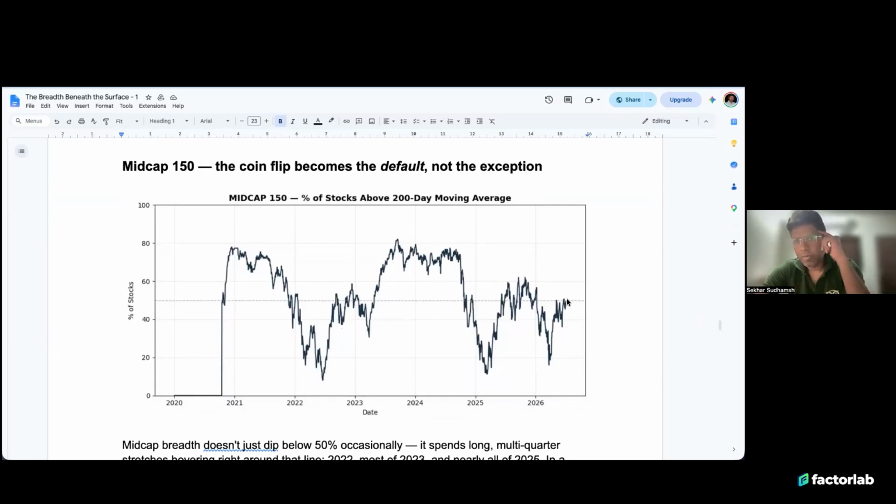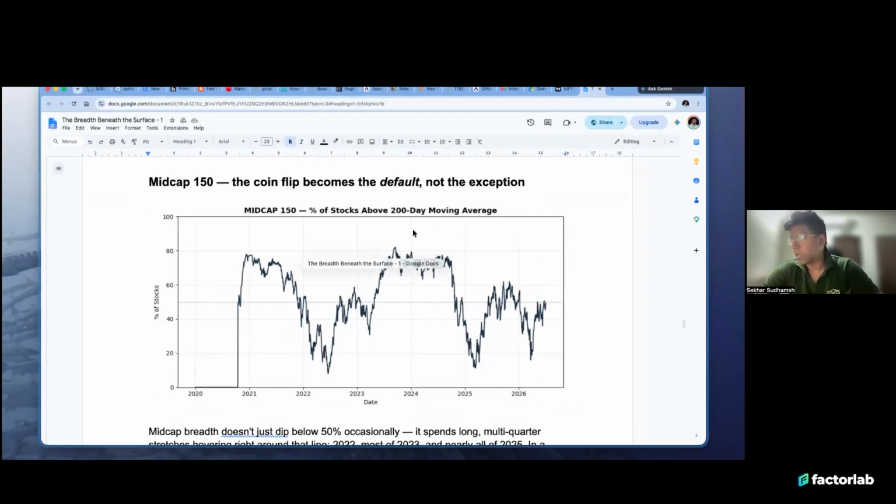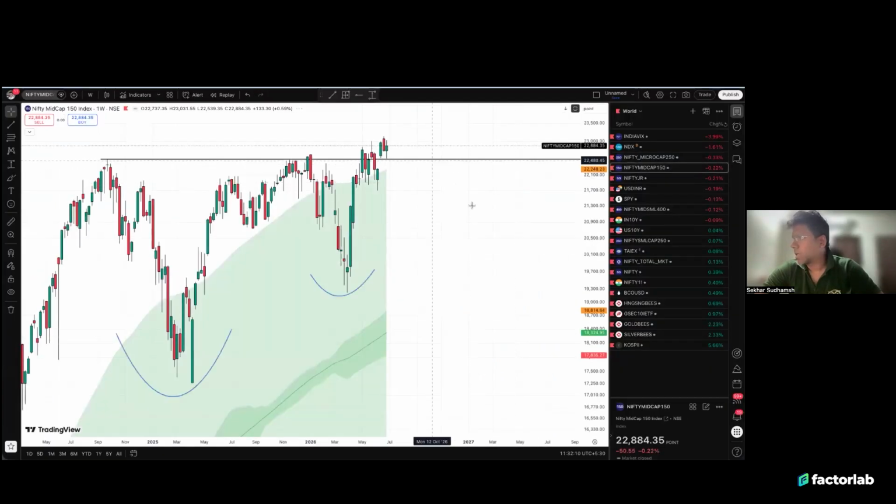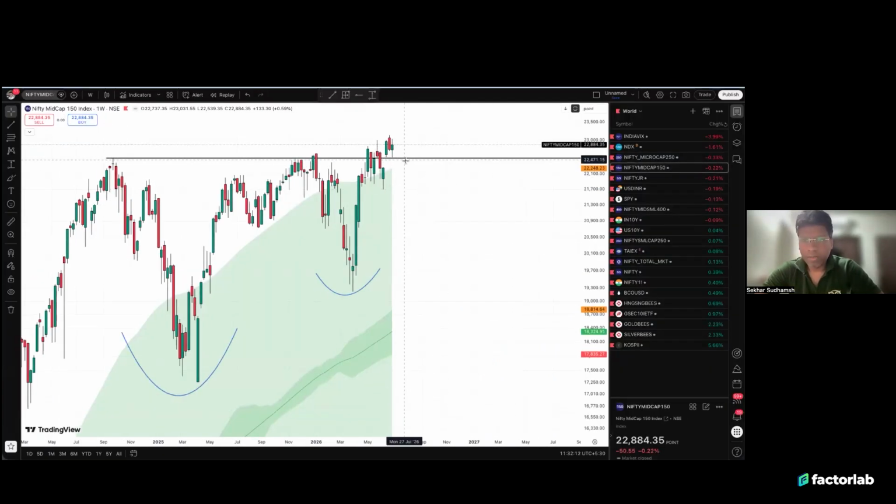But notice mid cap 150. I showed that the mid cap 150 has already broken out, but the market breadth is not that great. What does it indicate? It indicates that few stocks are doing really well, and those stocks are pulling the overall index higher.